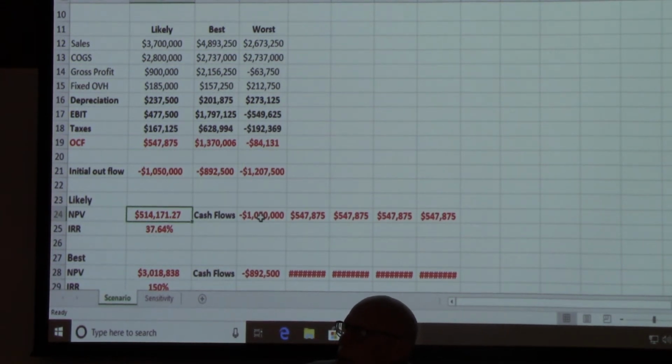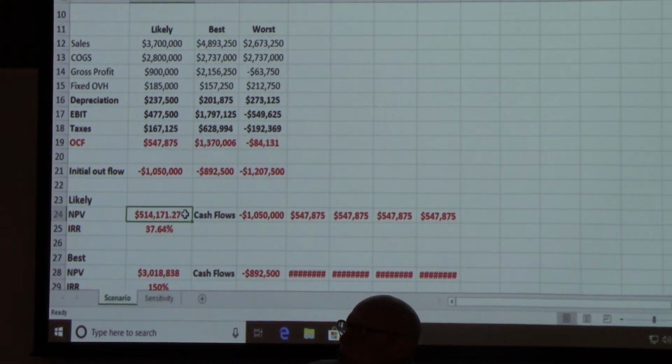I'm not sure why we have to do it that way, but you cannot include this up front. You get a wrong answer, it pushes all these numbers out. So your cash flows are E24 to H24, which is this to this, and then plus this present value here, which is a present value because this is CF0, and you get 514,000.